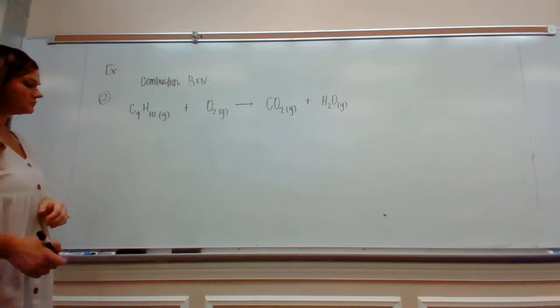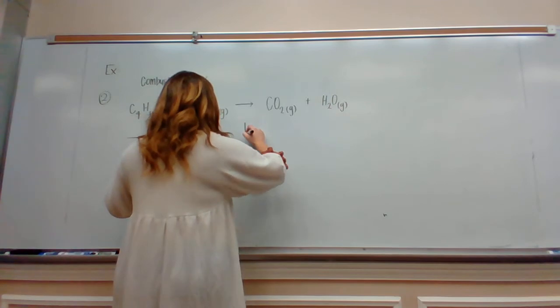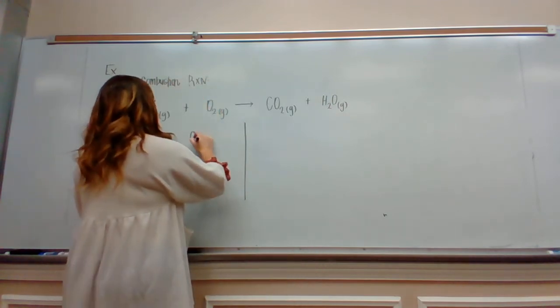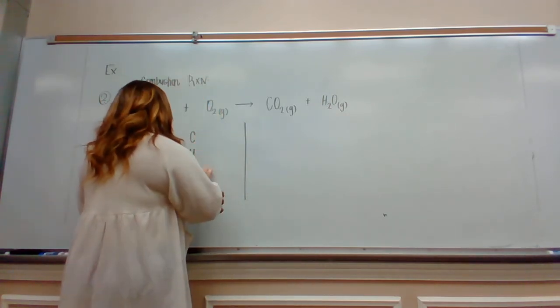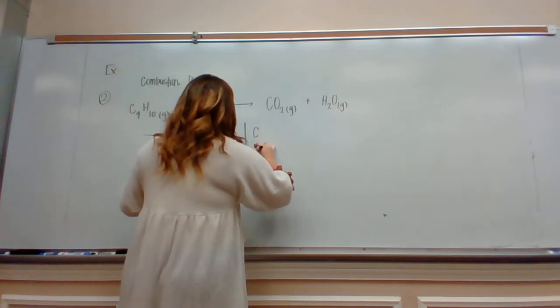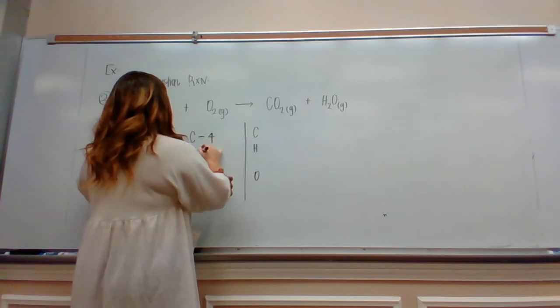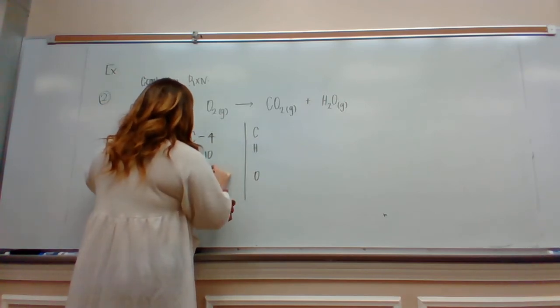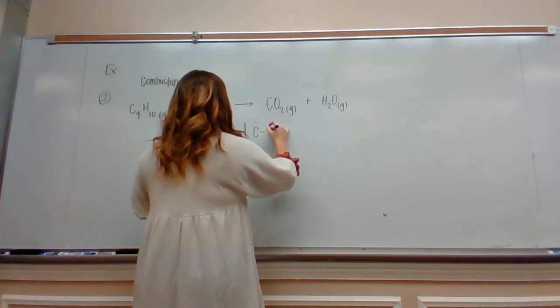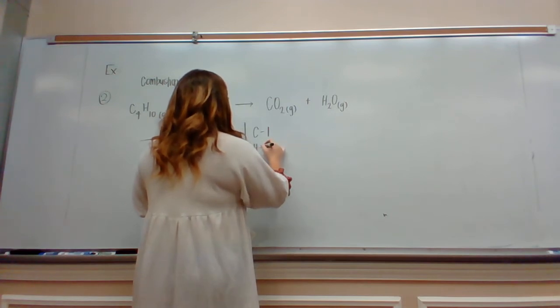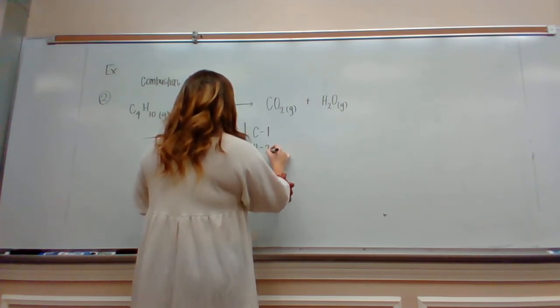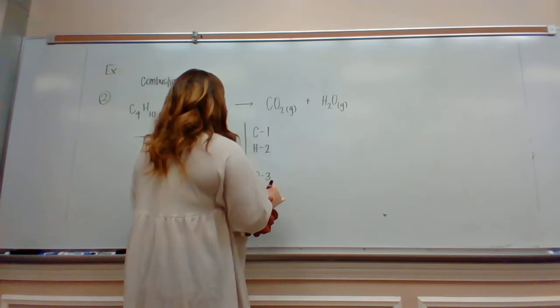So let's go ahead and make our table. 4 carbons, 10 hydrogens, 2 oxygens. 1 carbon, 2 hydrogens, 3 oxygens.